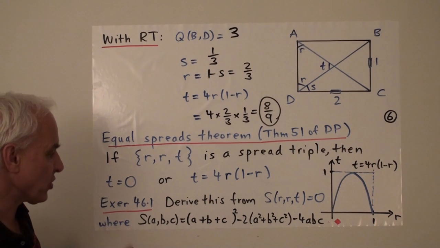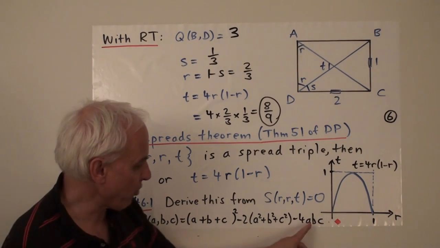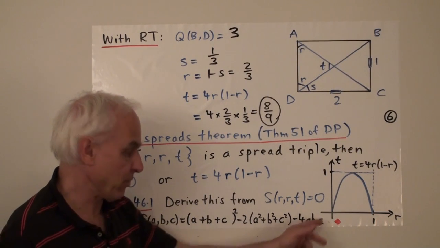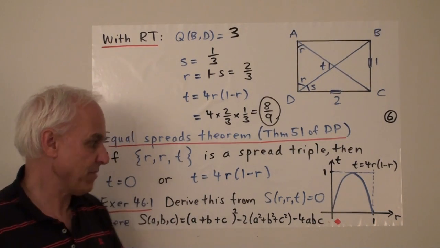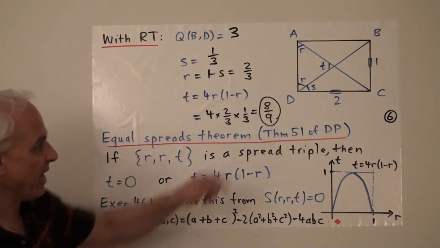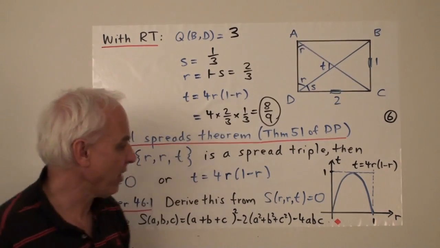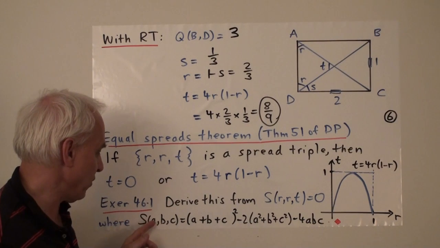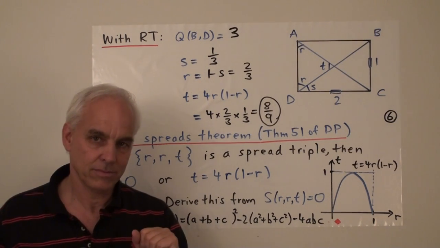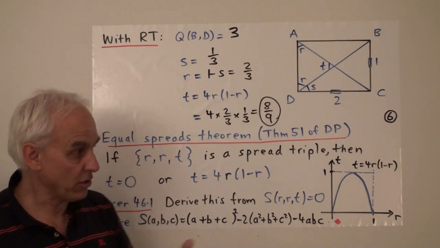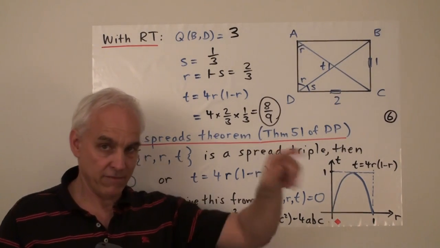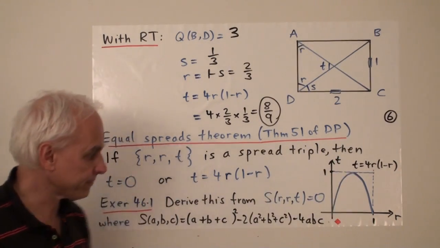Okay, so this is a consequence. Here is the triple spread formula. If three numbers satisfy this thing equals 0, then they are called a spread triple. And if you have three spreads in a triangle, then those three spreads satisfy that. That's the rational trigonometry analog of the sum of the angles equals 3.14159, blah, blah, blah.